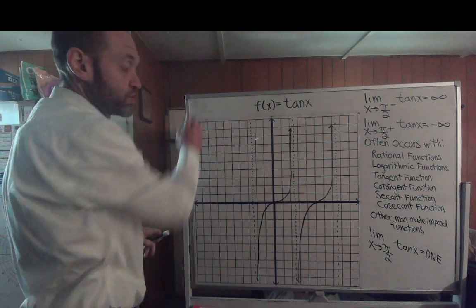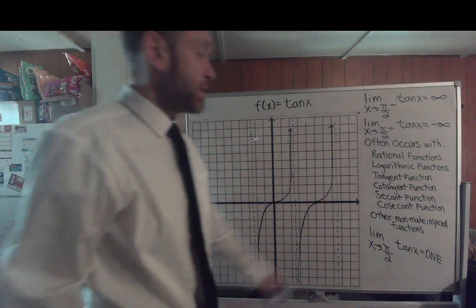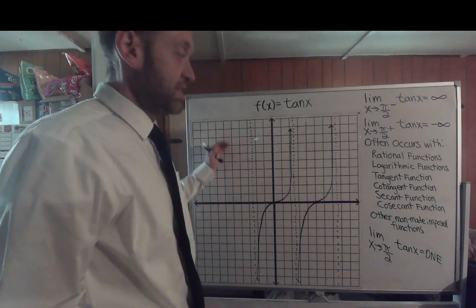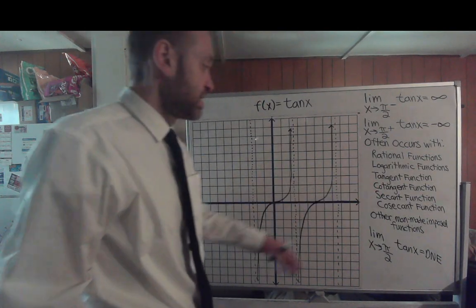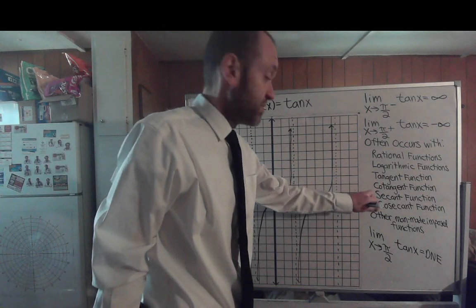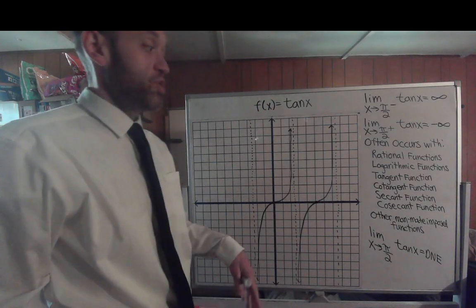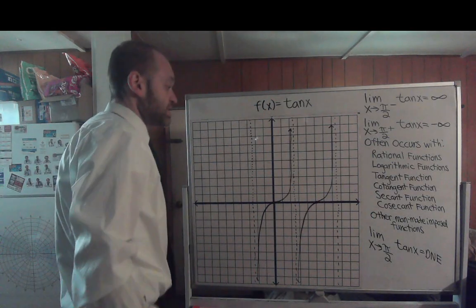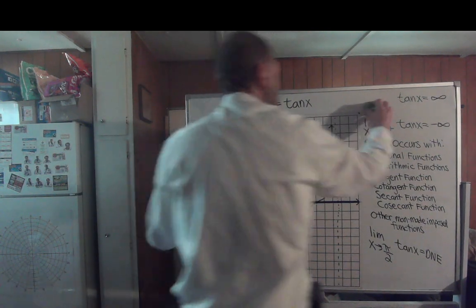Now let's do another trig function, because I'm not going to do cotangent because it's very similar to tangent. We have then also secant and cosecant functions. You would see this. Let's do the cosecant. I think we'll pick the cosecant.